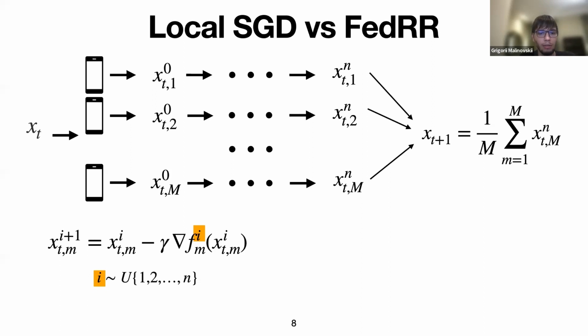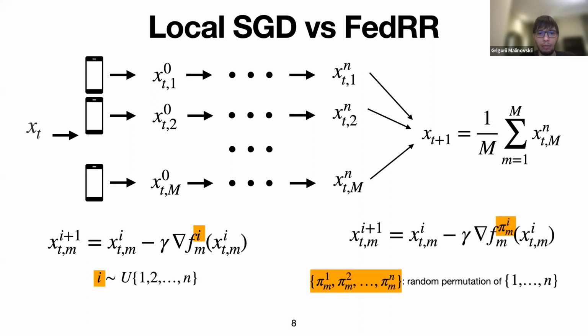But alternatively, we can use random reshuffling. The main difference is that at the beginning of each epoch, each client independently samples a permutation and performs updates according to this permutation, and each function is used just once per epoch, so we do not have any repetitions, which can happen in the SGD method.